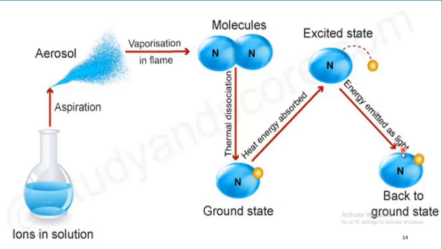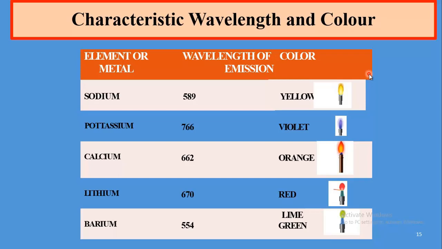Emission takes place, and they again convert into the ground state, and this emitted energy is noted in atomic emission spectroscopy. Each element gives a characteristic wavelength, and the intensity of that radiation determines the quantity of the sample present in a gas.